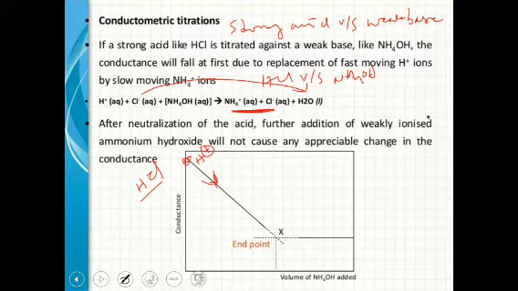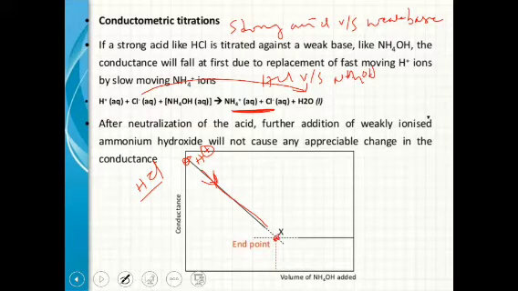Due to the decrease in the number of H plus ions, there is a decrease in the conductance values. After reaching the end point, where this falling stops, all the H plus ions have converted into H2O.